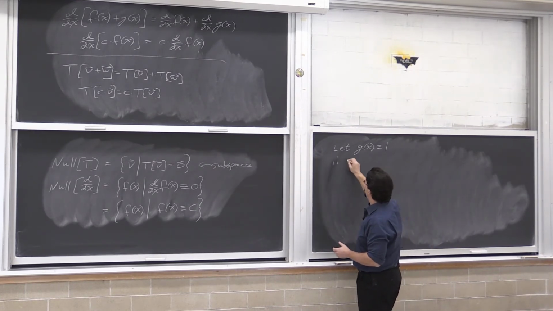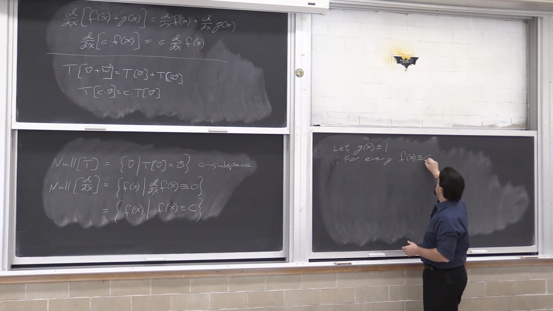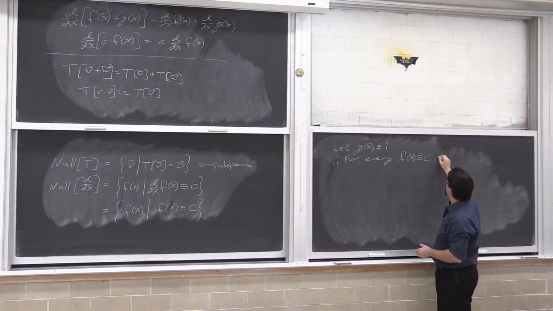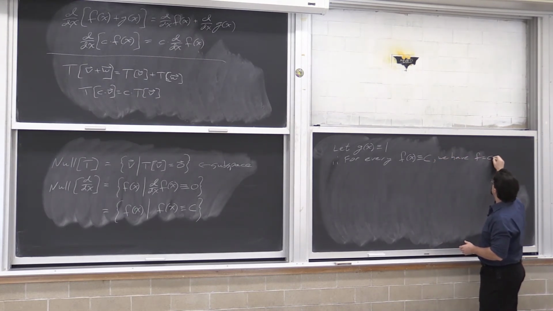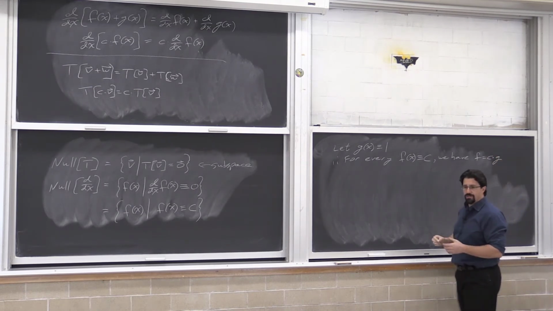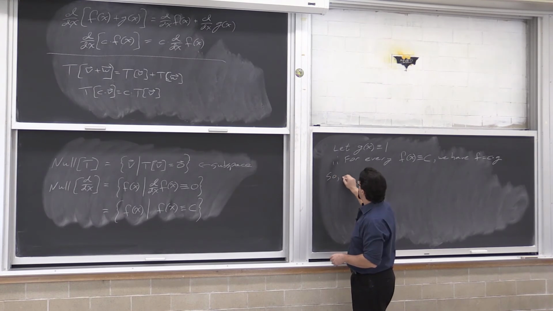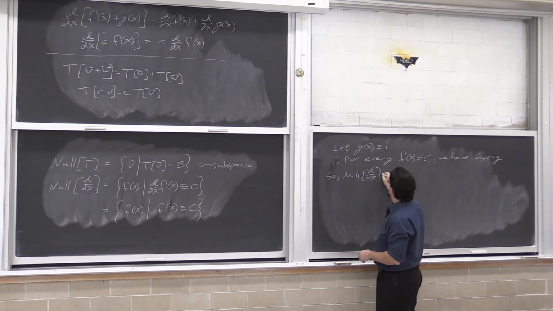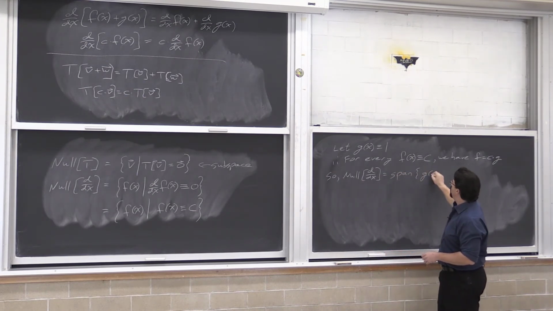So for every f of x which is always equal to c, we have f is equal to c times the function g. And so the null space of the derivative is just equal to the span of g of x.